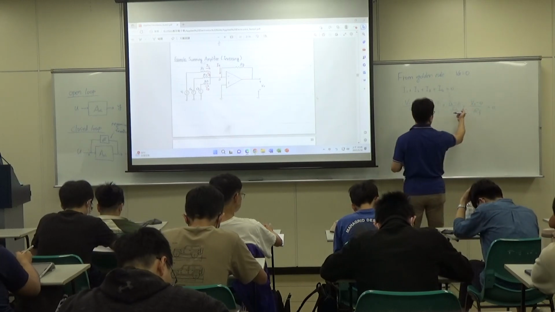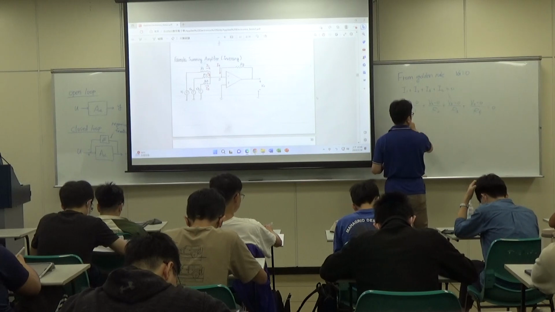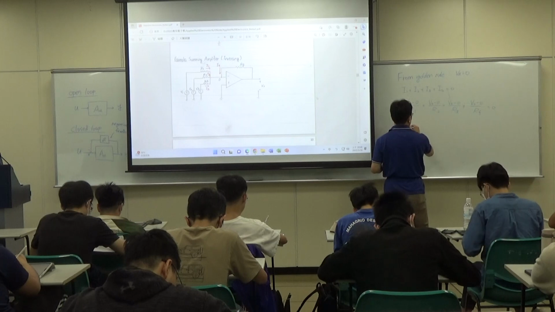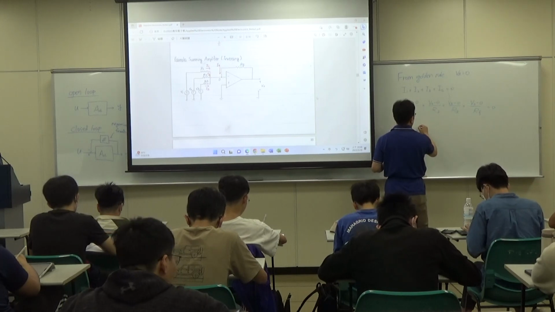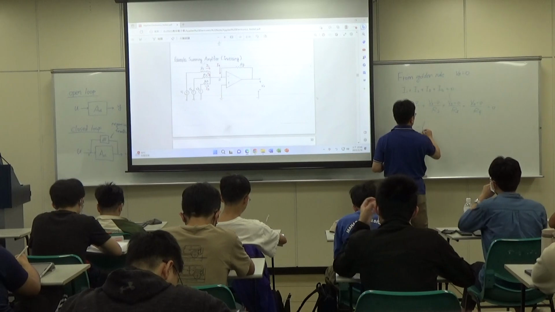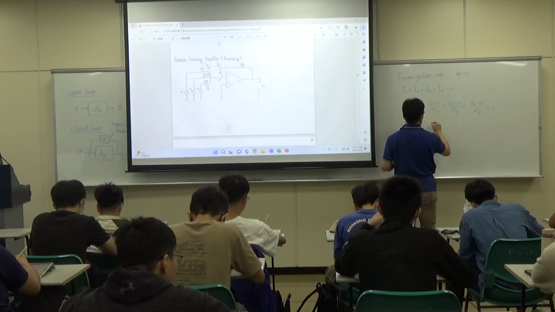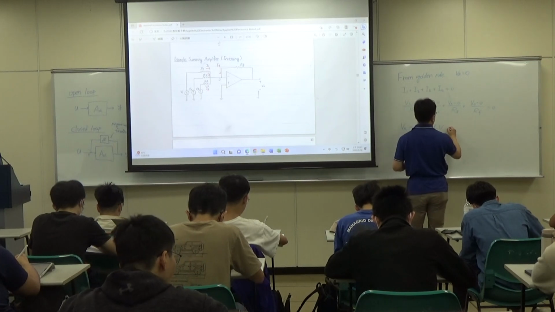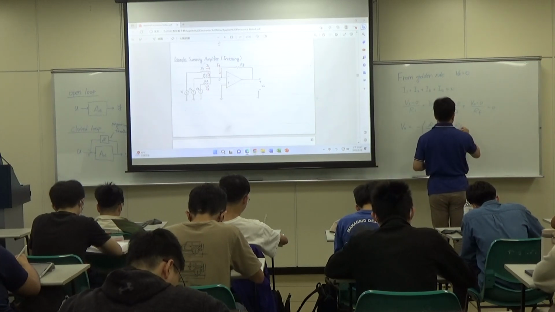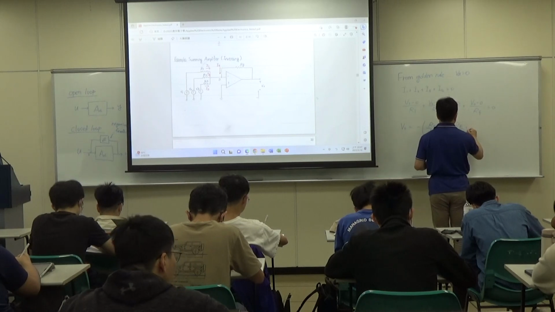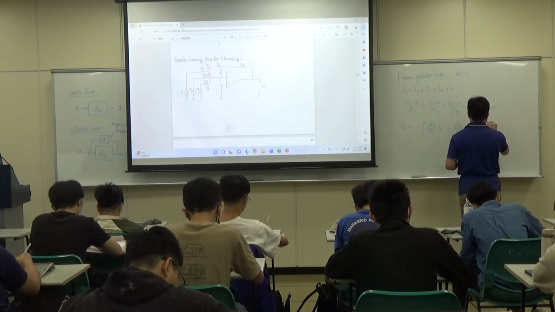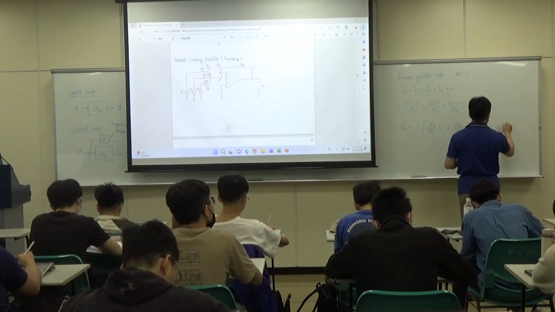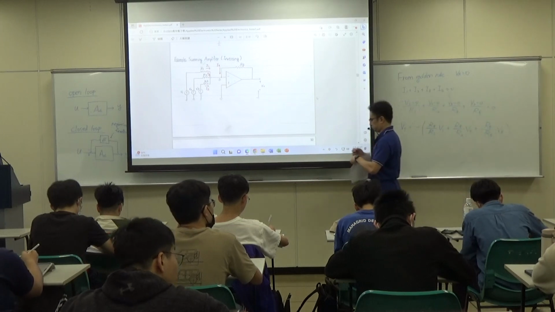So VO equals minus RF divided by R1 times V1 plus RF divided by R2 times V2 plus RF divided by R3 times V3.